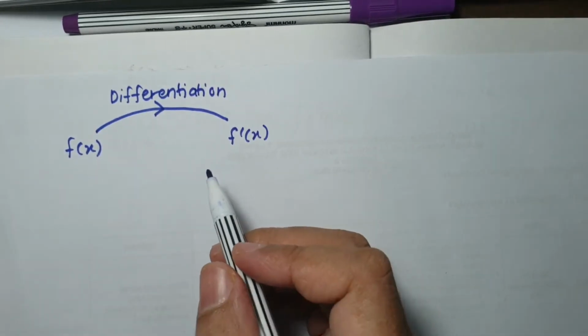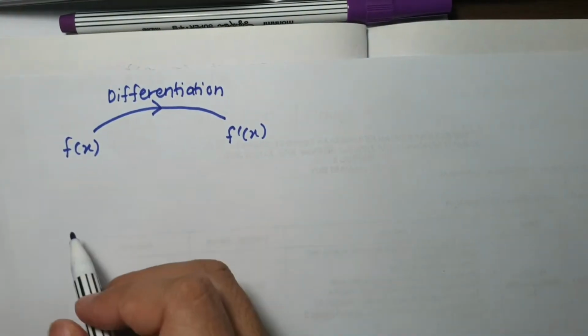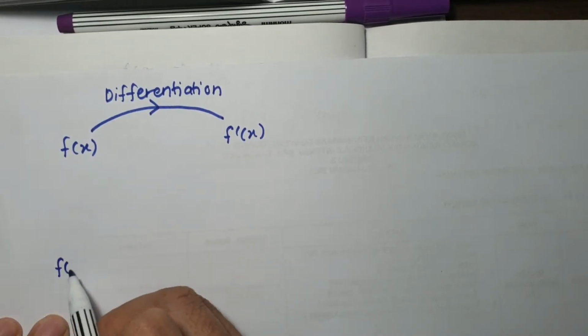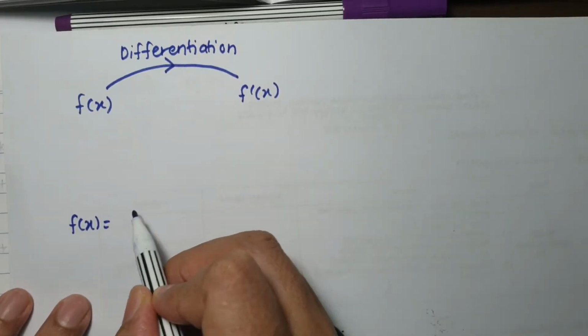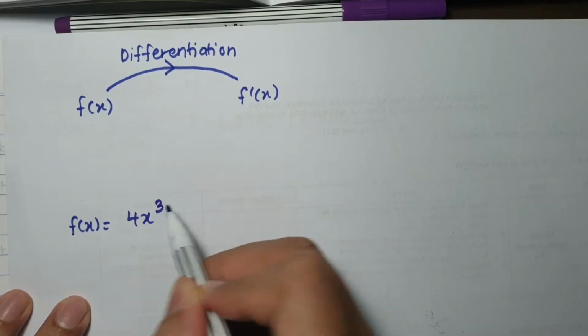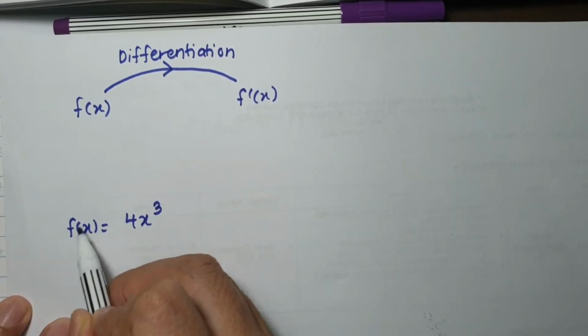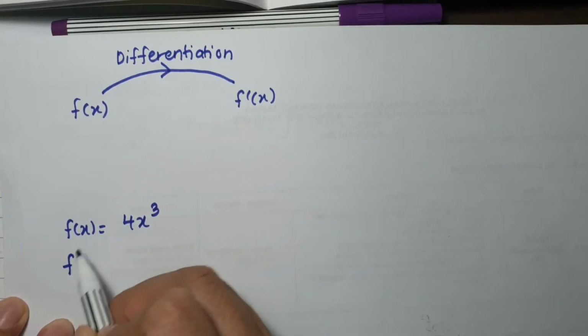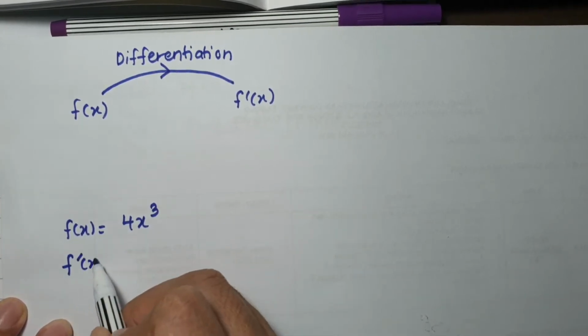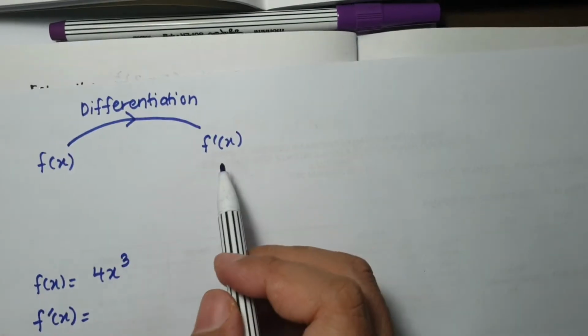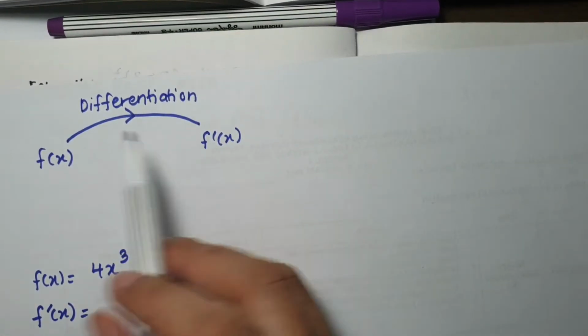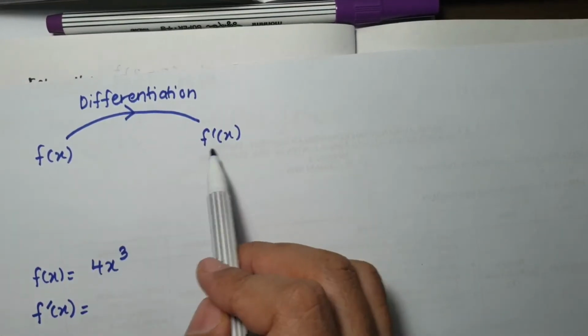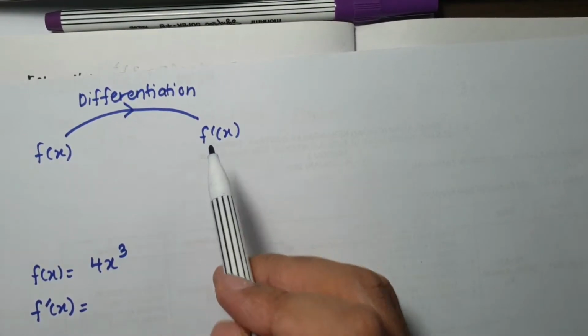Let's say you have function f is 4x cubed. Let's differentiate this function. How to write the first derivative of this function? Since this is fx, you can write it as f prime x.